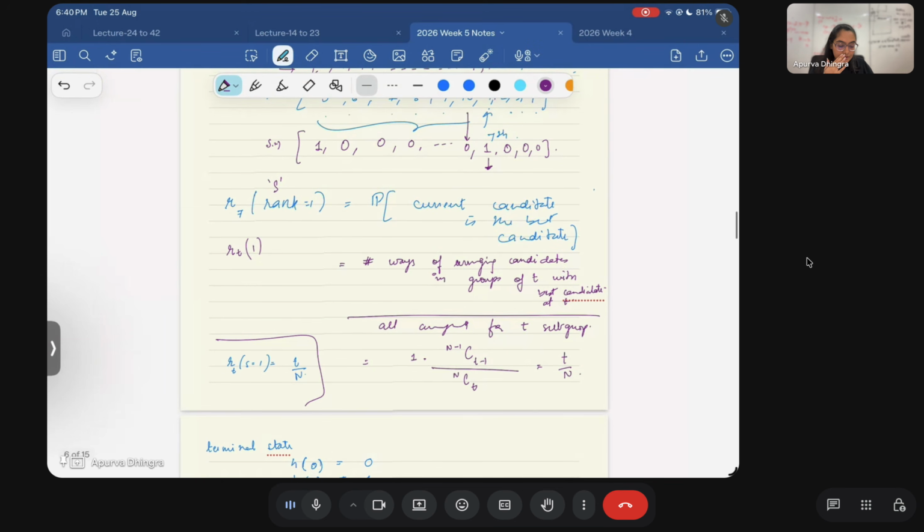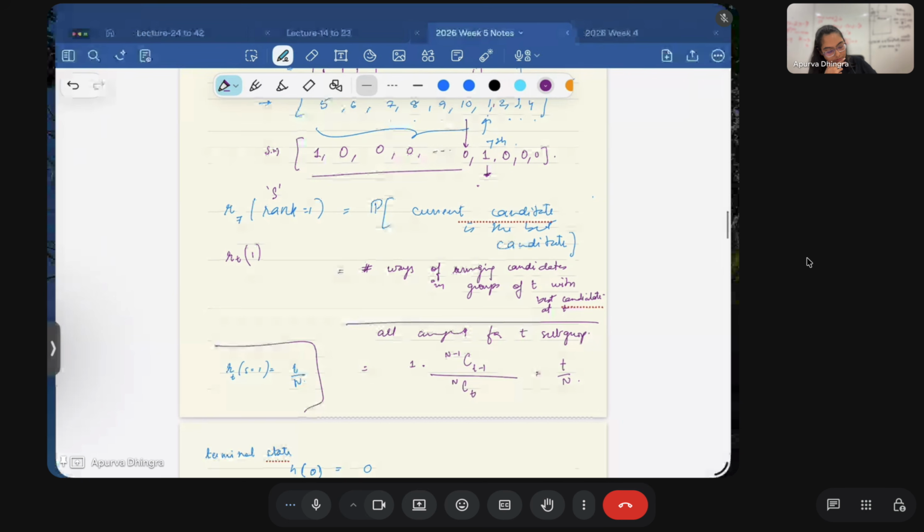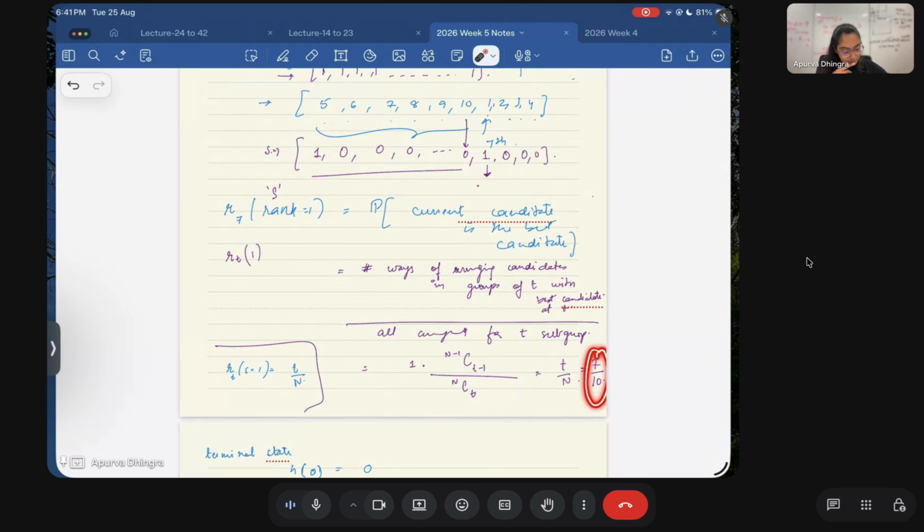For our example, this is 7 by 10. So what is this meaning? This is the reward that I'm getting.